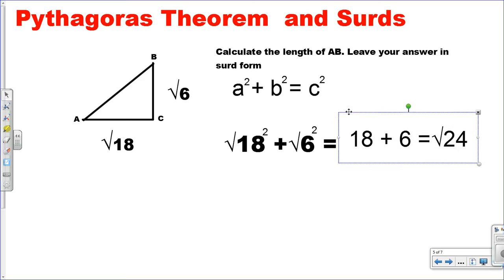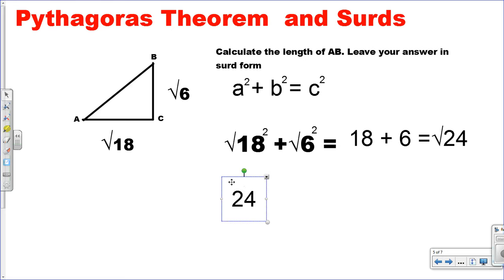Square root 24. Now, the reason that's square root 24 is because we need to actually find our answer. That would give us 24 squared. We're going to find out what the hypotenuse is, so you square root that. Now, from what we were doing before, we know that we can simplify the square root of 24.